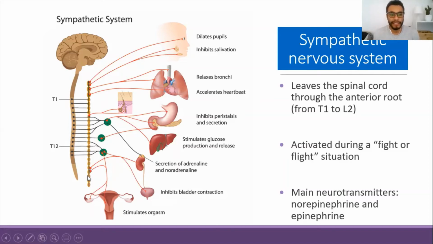And from here, they will transmit the signals to different organs or different viscera. And you see those responses in the sympathetic nervous system that are activated during a fight or flight response. The main transmitters that conduct these stimuli are epinephrine and norepinephrine, or adrenaline and noradrenaline, it is the same, okay?